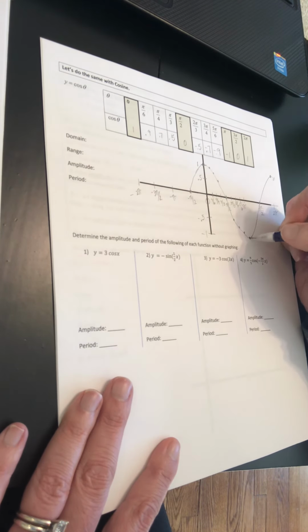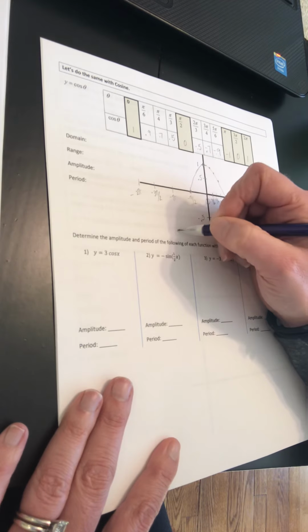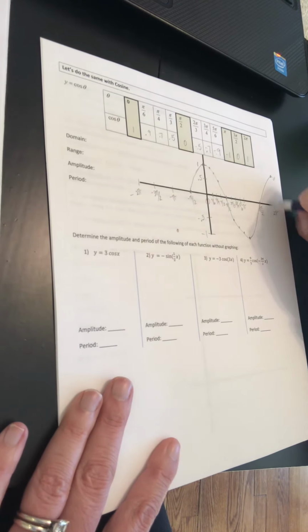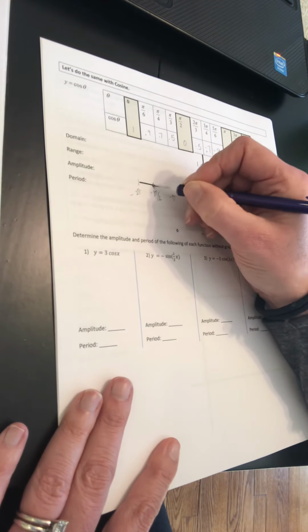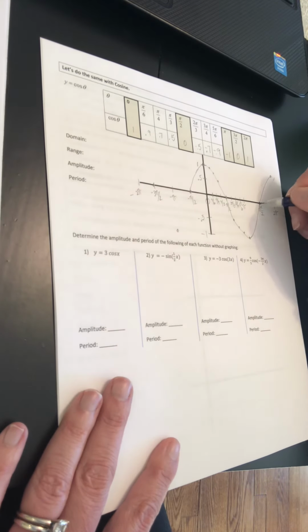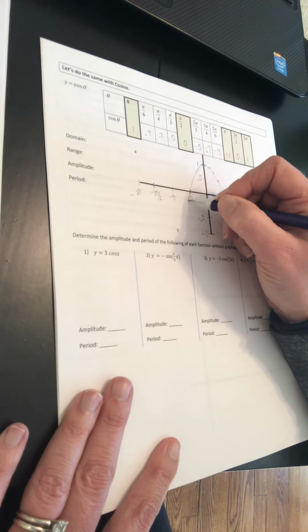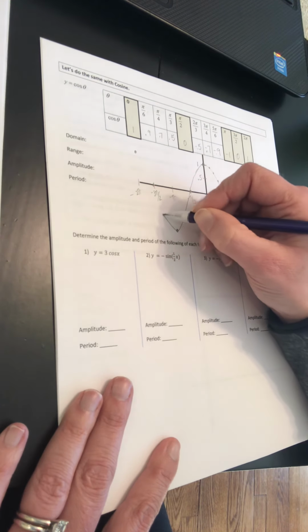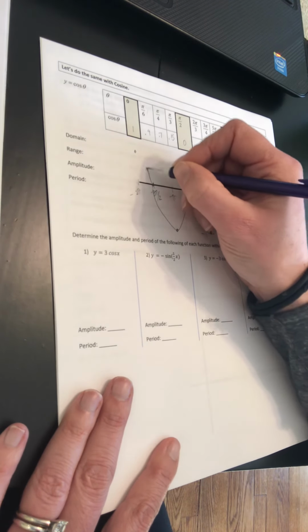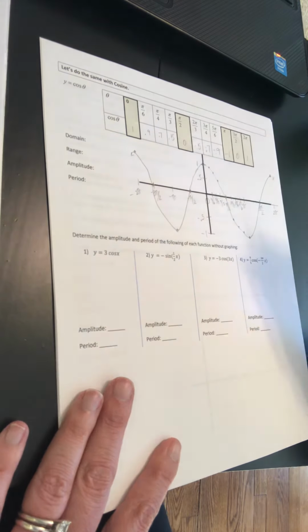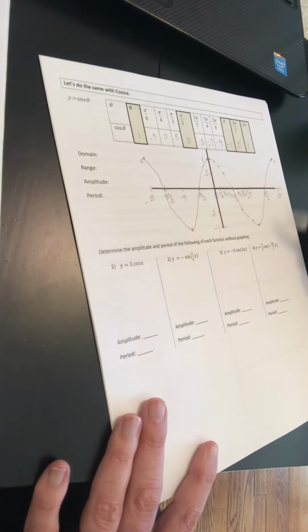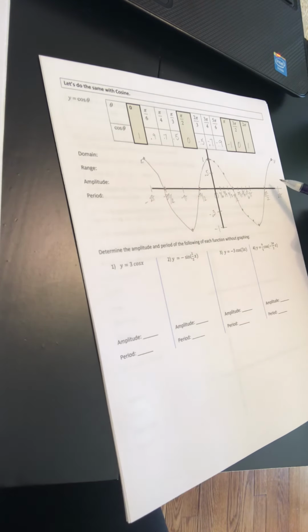Then I'm going to have at negative pi, negative 1. Then at negative 3 pi over 2, I'm going to hit 0, and then I'm going to hit my maximum. Notice again, a curve, do your best. I'm not going to get too crazy about that, but I wanted it to be a curve. These are called sinusoidal curves, okay?